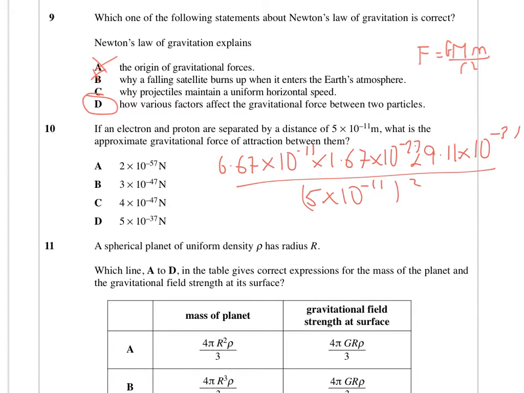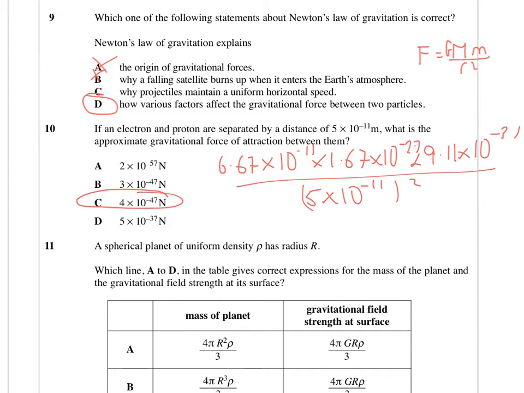And if we calculate that, we end up with approximately this number. So it's a tiny, tiny force of gravity, which is why we never consider it when we're dealing with the atomic structure and that kind of thing.